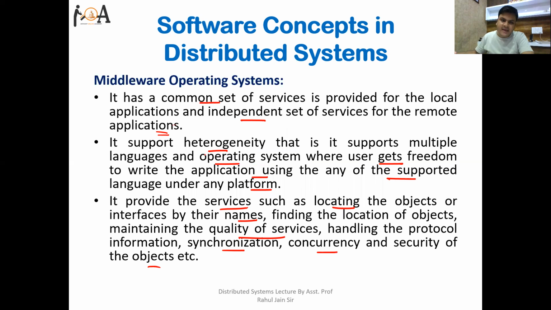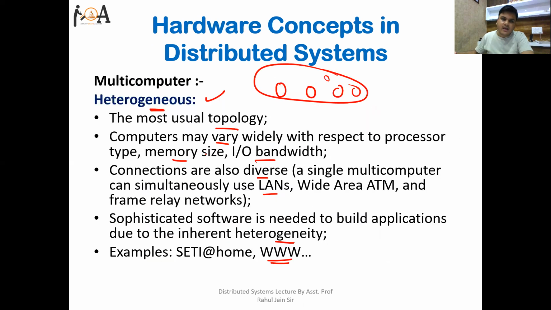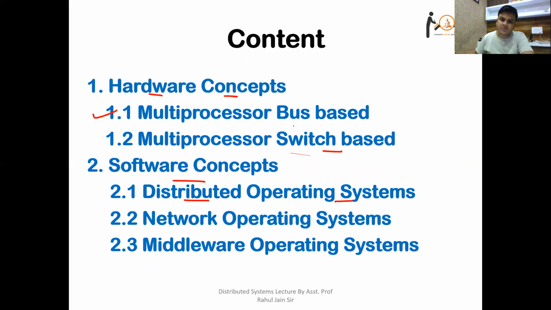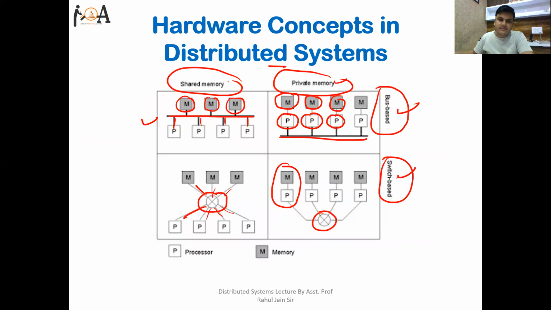So let's revise what we have covered so far in this lecture. First we discussed the topic of multiprocessor bus systems. A single bus is there, and with that bus, many processors are attached, in private memory manner as well as in shared memory manner.